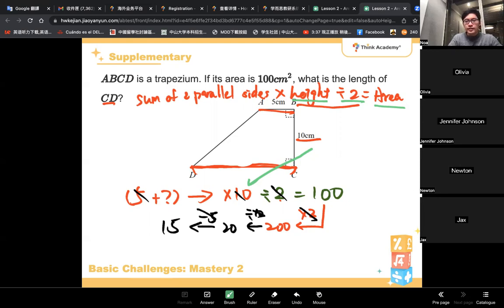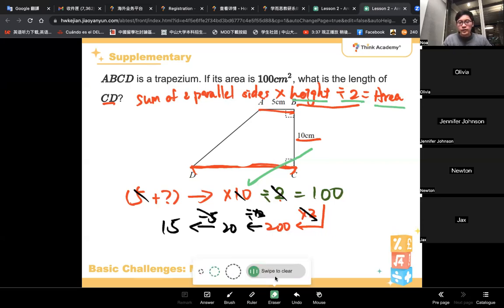Yes Newton, you can tell me which part you don't get. Which part? Does everybody get it now, except for Newton? I don't get the whole thing. The whole thing. But okay.